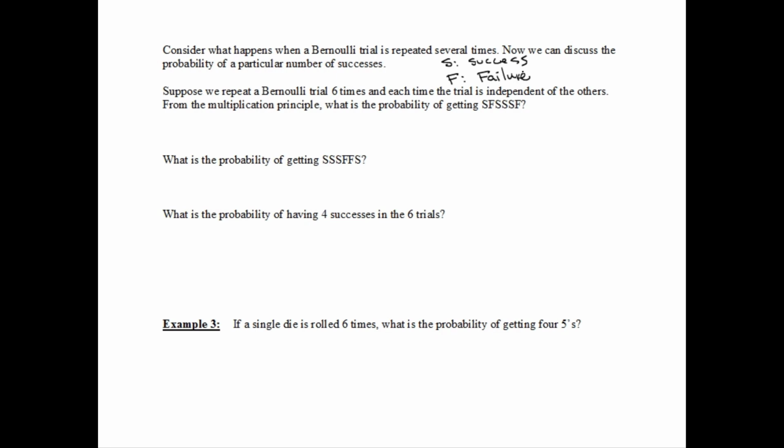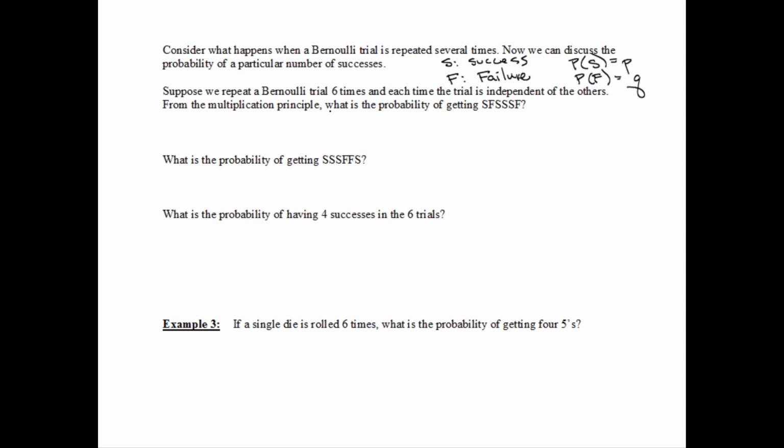So we're going to repeat a Bernoulli trial 6 times, and each time the trial is independent of the others. In other words, our probabilities will not change. Our probability of success will be P. Our probability of failure will be Q.